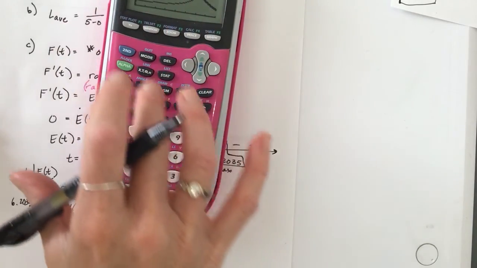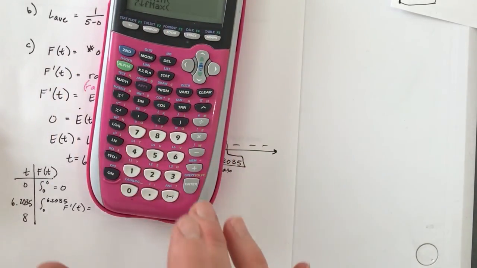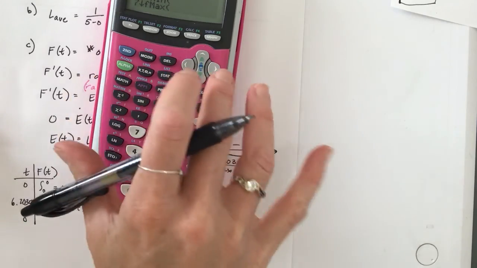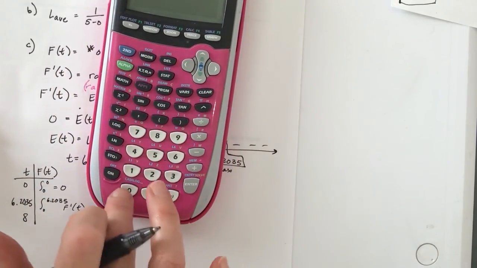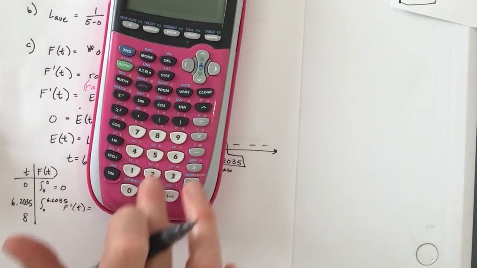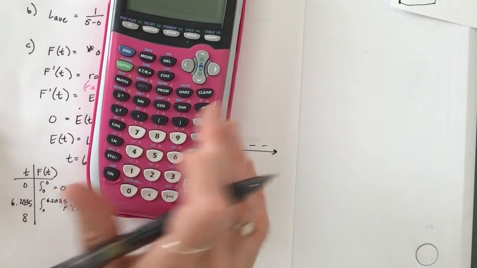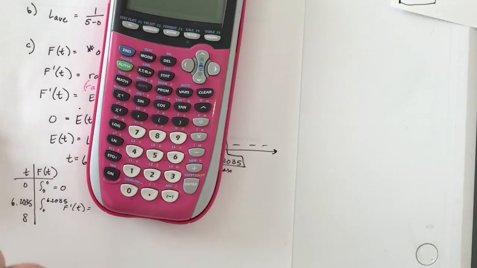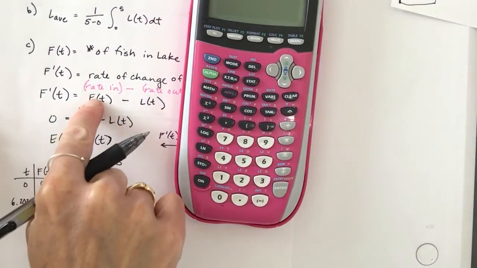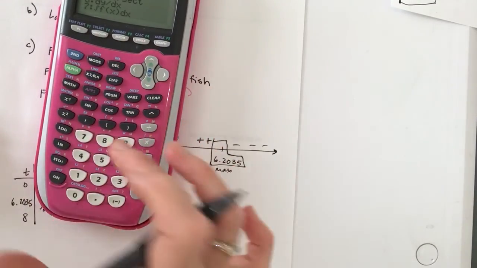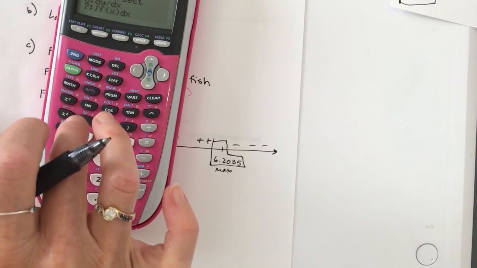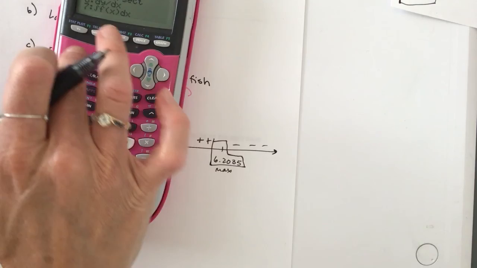So if we do that calculation on here, we're going to do math 9. Oops, quit. Math 9, sorry about that. We're going to go 0, 6.2035, and that's going to be my y1, right? This is my y1 minus my y2. Oh shoot, I did the wrong thing. Quit.